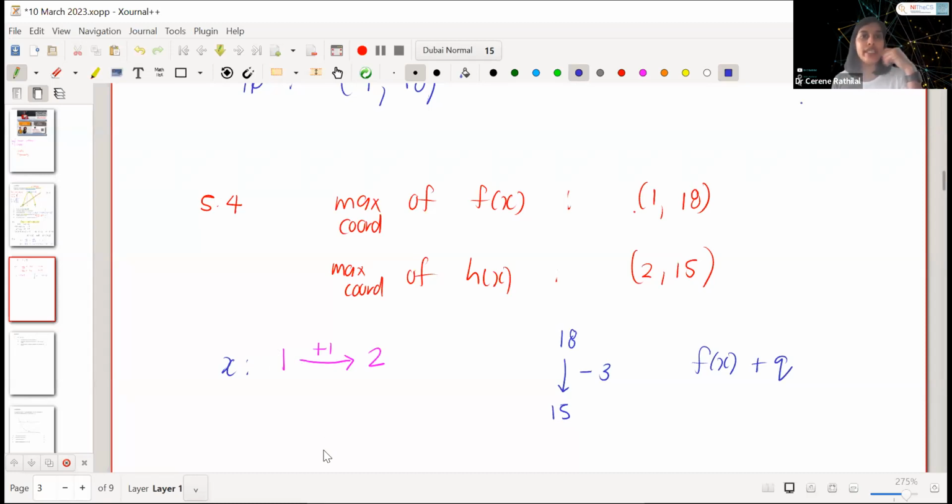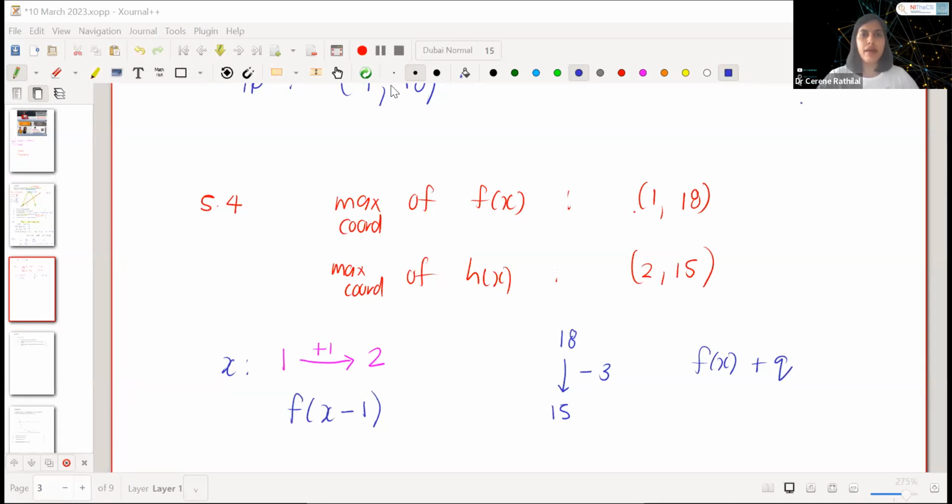And when you study translations in grade 10, you would have learned that when you make a change to the x values, it's counterintuitive. You do the opposite of what has happened. So here, when x increases by 1 unit, I'm affecting the inside, so I have to affect the x. So when it increases by 1 unit, yes, I'm going to affect it by 1 unit, but instead of adding 1, I will now subtract 1. And so therefore, the p value that we look for is given by -1.